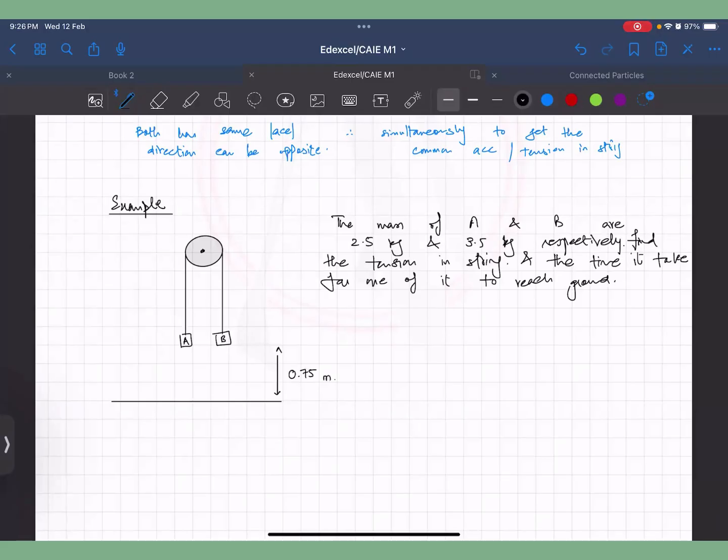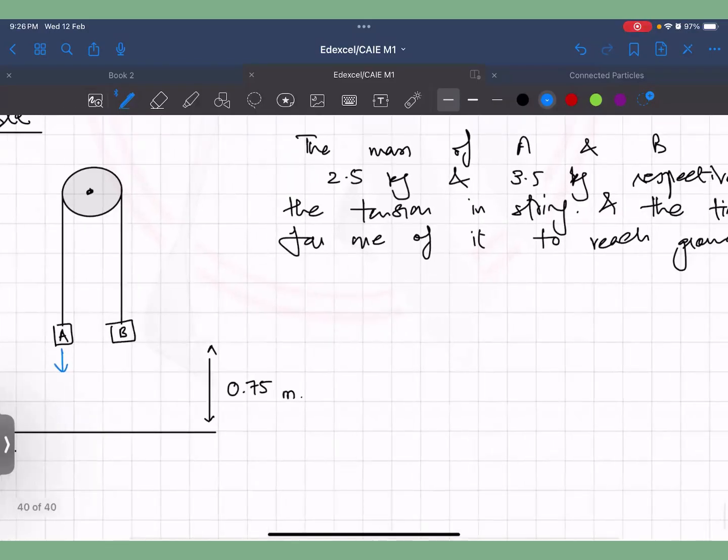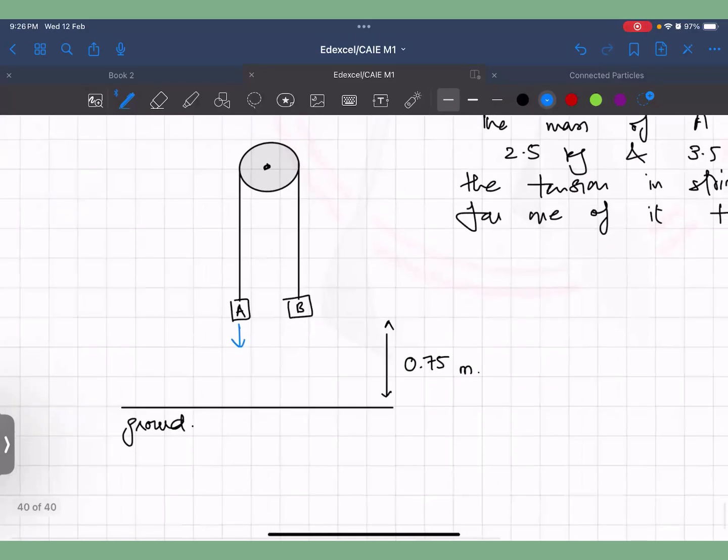This is the ground. First of all, we have to make sure of all of the forces that are involved here. This would be the weight of A. The mass of A is 2.5 kg and the mass of B is 3.5 kg.